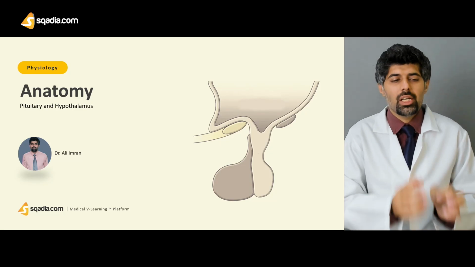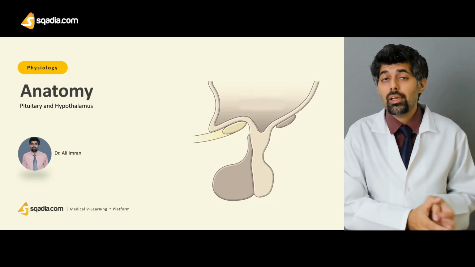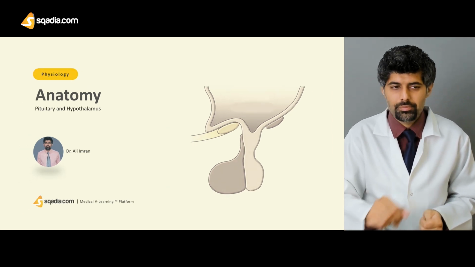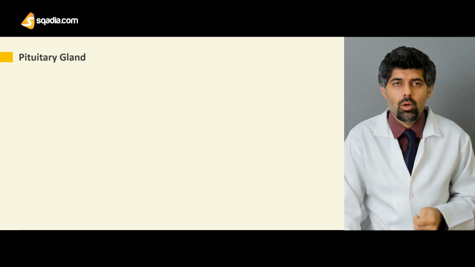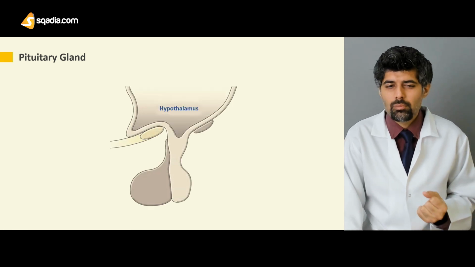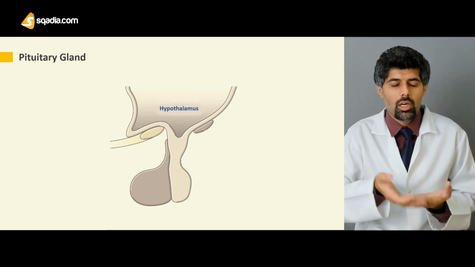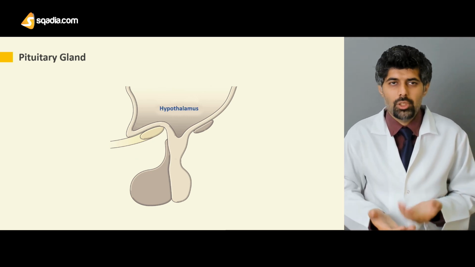Let's talk about the anatomy of both the pituitary gland and the hypothalamus. Now, as for the pituitary gland, it is found at the inferior region of the hypothalamus.